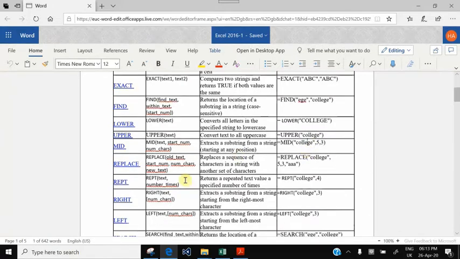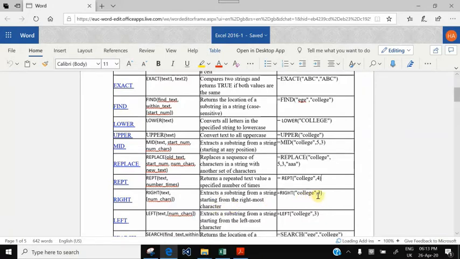REPT returns a repeated text value a specific number of times. For example, we have college, to repeat the word college 4 times. RIGHT, which is RIGHT college 3, extracts the substring from a string starting from the rightmost character.